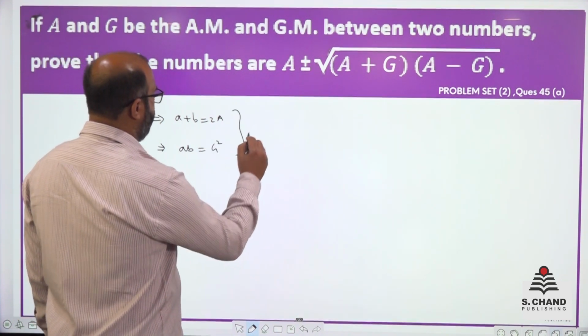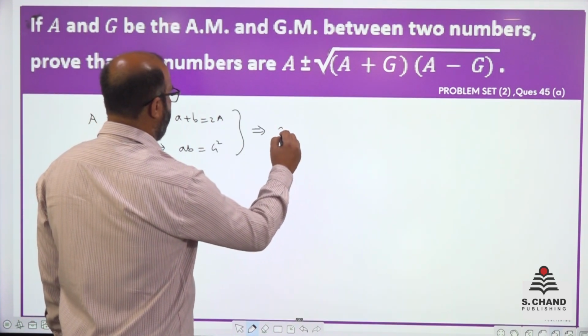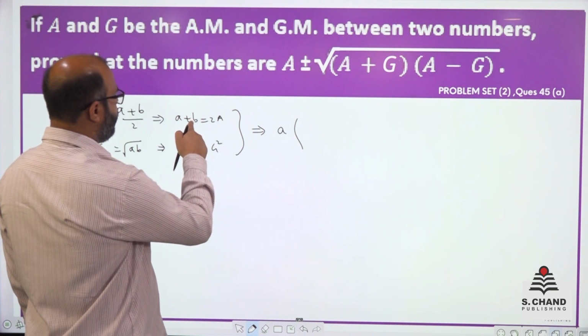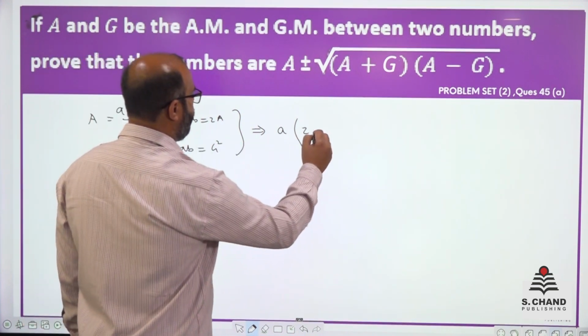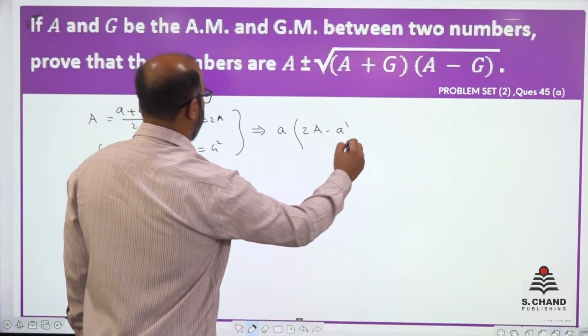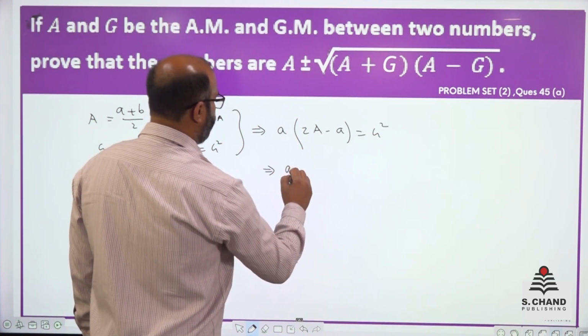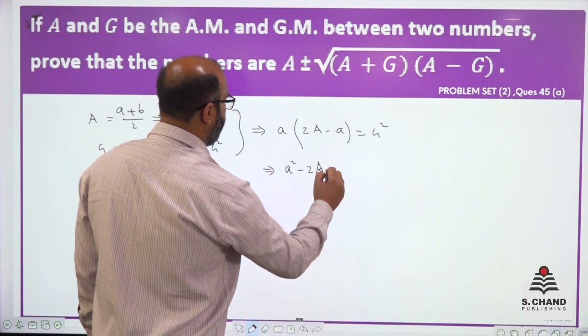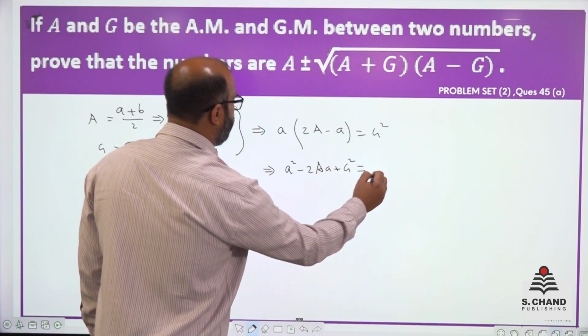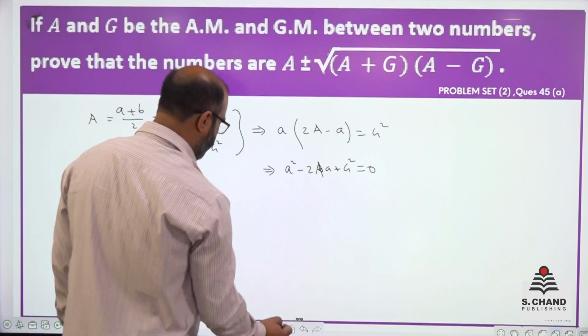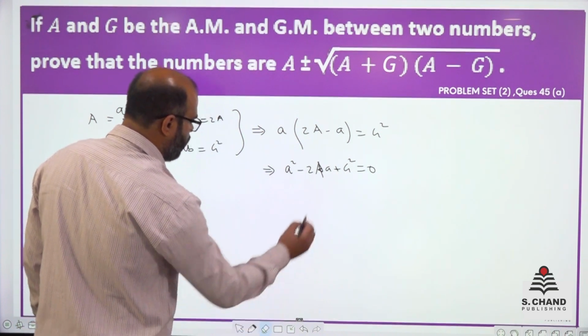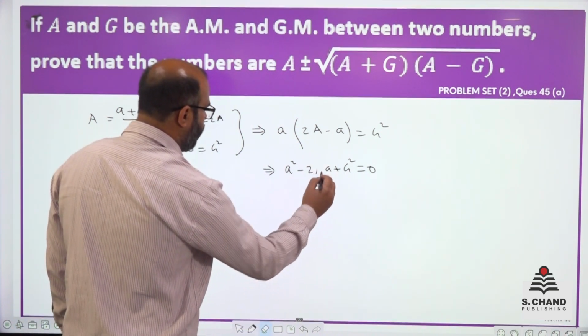So when we solve them, we can write it like this: a into (2A minus a) is equal to G square. So this will become a square minus 2Aa plus G square is equal to 0. Let me write it clearly.